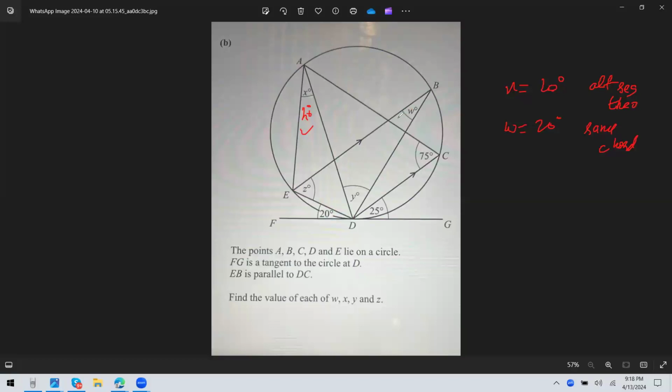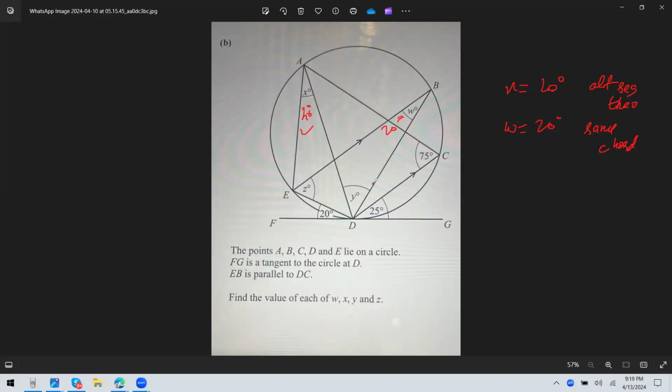Okay, let's label them. Something related to, yeah, this one.